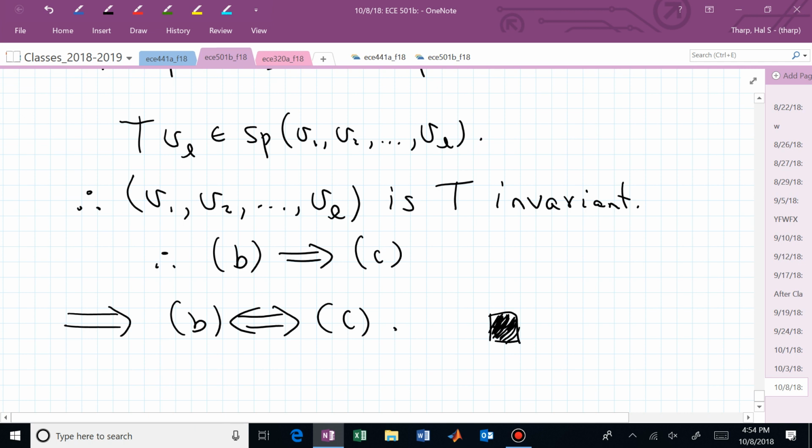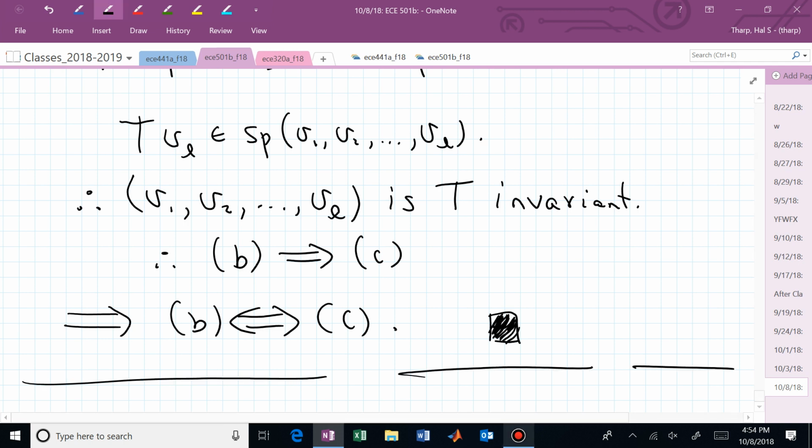We showed A implies B, or A if and only if B. Now we've shown B if and only if C, and we've chased our tail. We've completed that set of demonstrations.